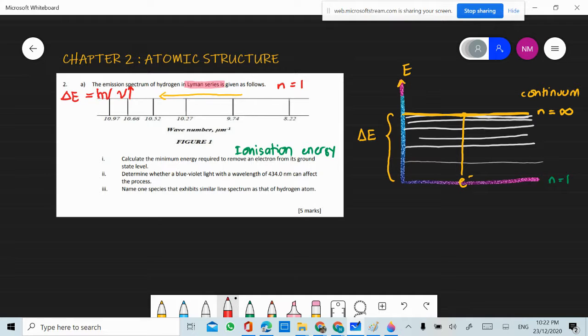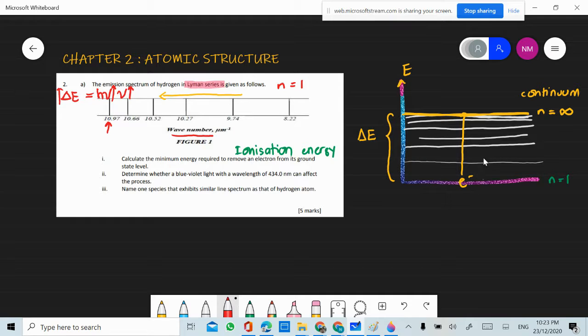If delta E is the largest, that is related to the highest frequency. So the line that corresponds to the largest energy difference must have the highest frequency, which is the line here. This is the wave number, for the difference in energy from n1 until n equals infinity.